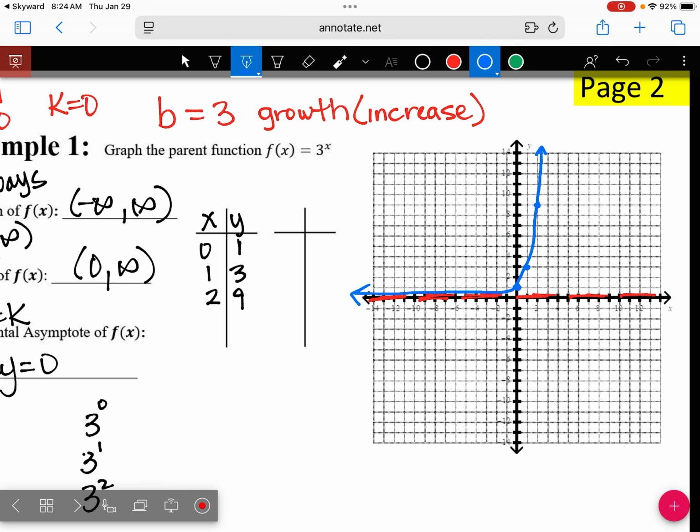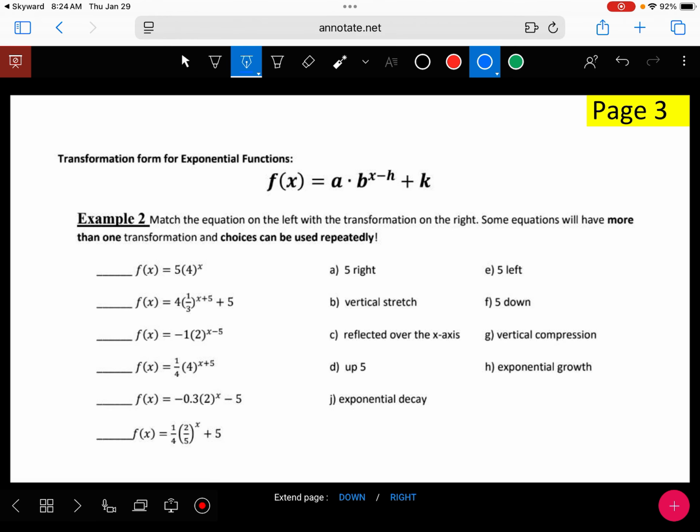All right, now let's go to our next page and let's start identifying transformations. This was the struggle in first period, so I'm going to try to do it a little differently. We have to figure out all the transformations for each function, and we're going to use the choices more than once, okay? So let me help you out. Can you write that these two go with H?